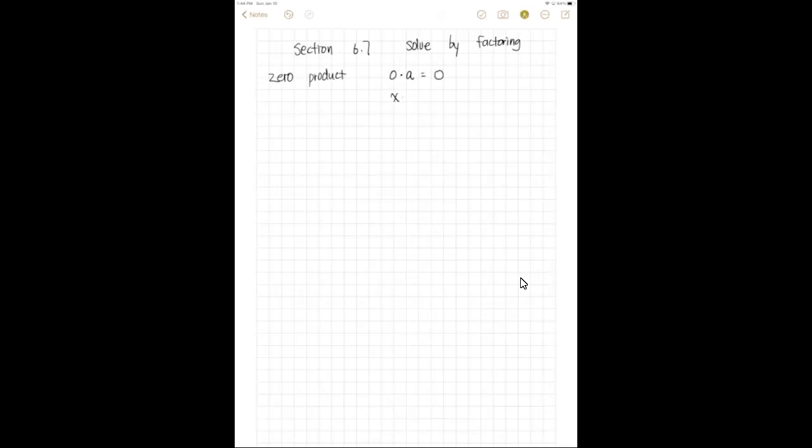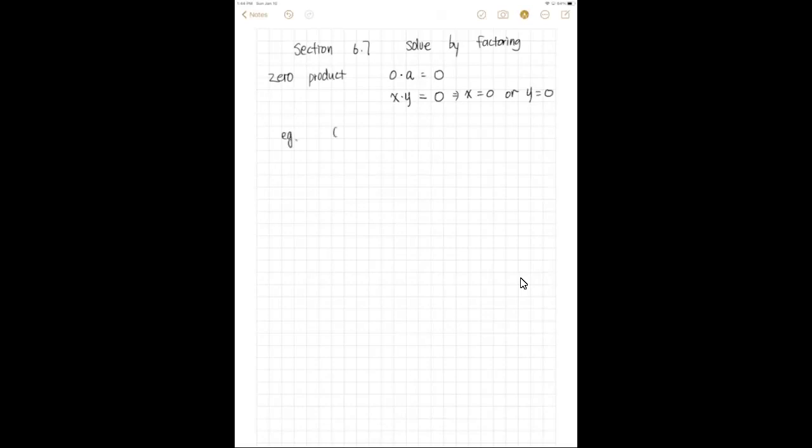So if we have two numbers multiplied together equal to 0, that tells you that either x equals 0 because 0 multiplied by y is equal to 0, or y is equal to 0 because x times 0 is equal to 0. So we're going to use this to solve our equation.